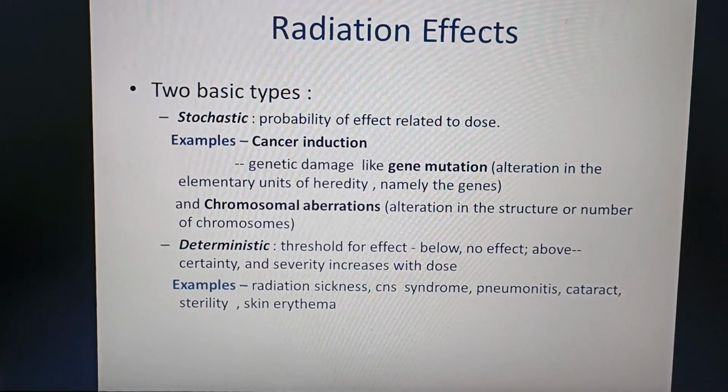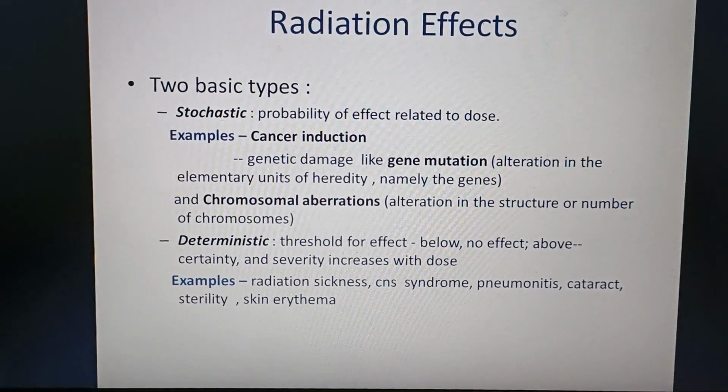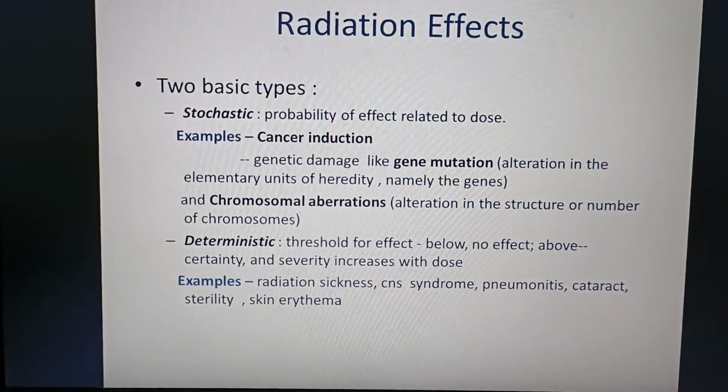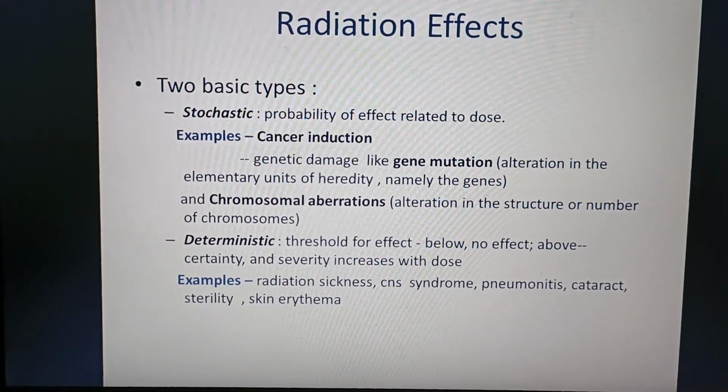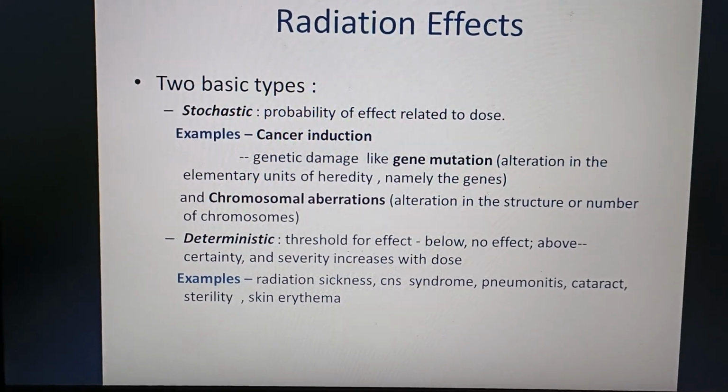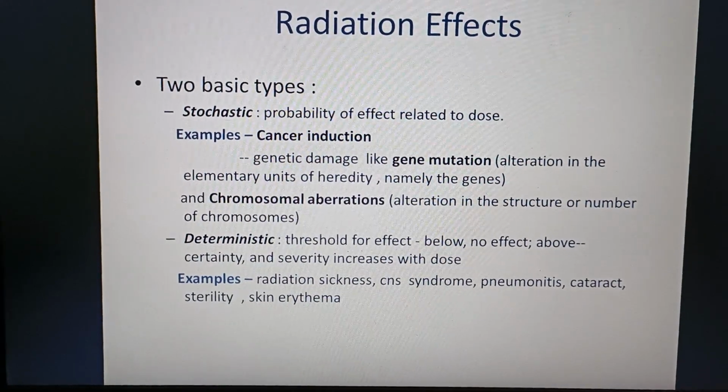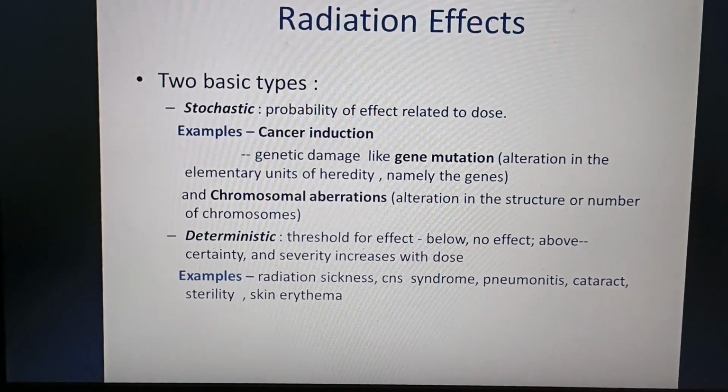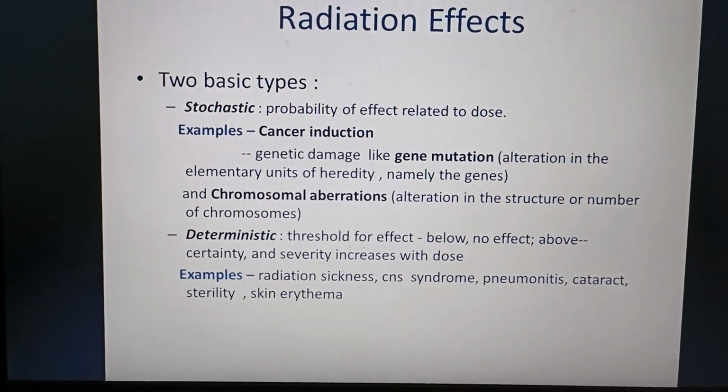Radiation effects, two basic types: number one, stochastic, and number two, deterministic. Stochastic: probability of effects related to dose. Deterministic: threshold for effect, below which there is no effect.